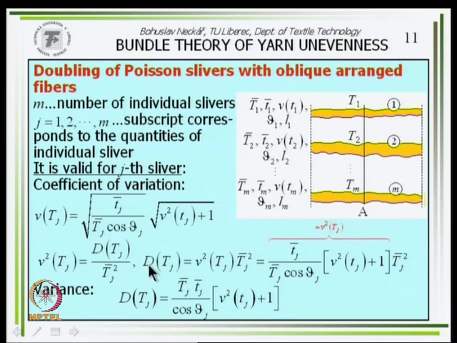So the variance is this here from this equation, and we know this V squared Tj from earlier. Using it, we obtain this expression for variance in the j-th sliver. It is well. So the variance is finally this here.